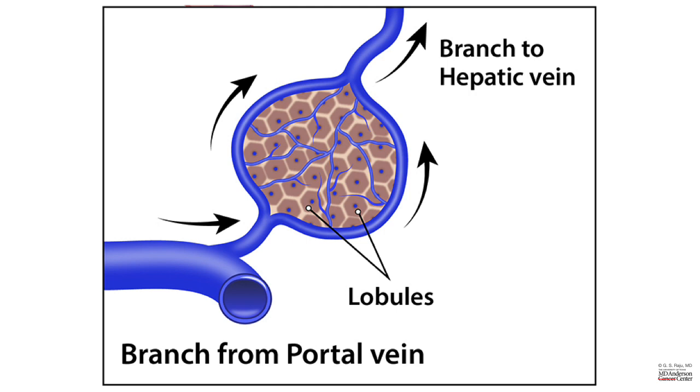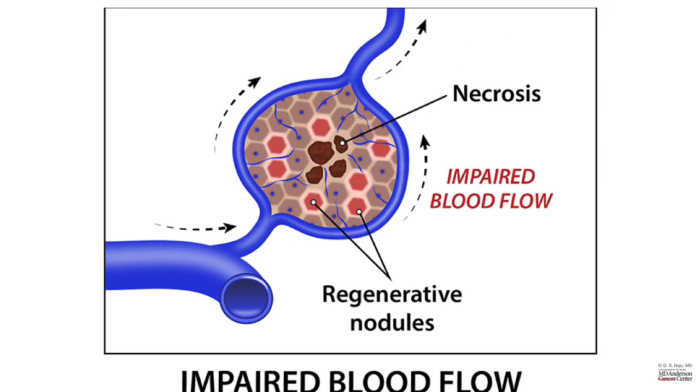divides into smaller veins, capillaries, and goes around the liver cells and lobules, supplying nourishment to the liver, and then the blood, as it goes out of the liver, forms hepatic vein.